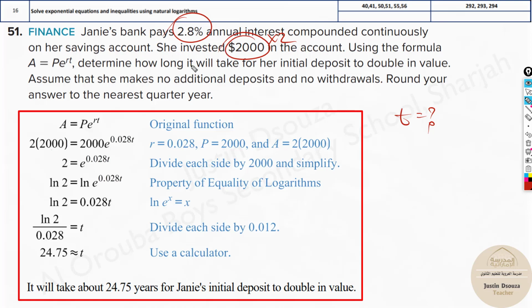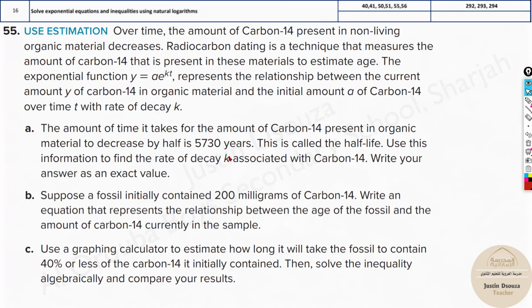If you write the amount as 2 times 2000, or 4000, because it must be doubled, then to remove this coefficient, you divide both the sides by 2000, this cancels. So you're remaining only with 2 over here, and then you just solve it up. It'll take 24.75 years of investment to double this amount for this particular rate of interest, because the rate of interest is very low here, 2.8%.